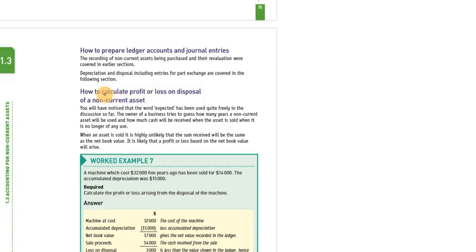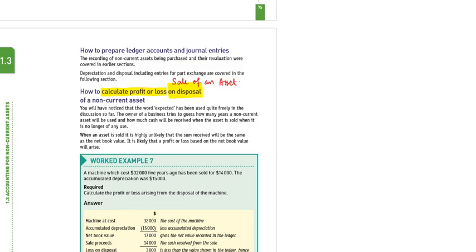This concept relates to how to calculate profit and loss on disposal. What does disposal mean? Disposal means sale of an asset.